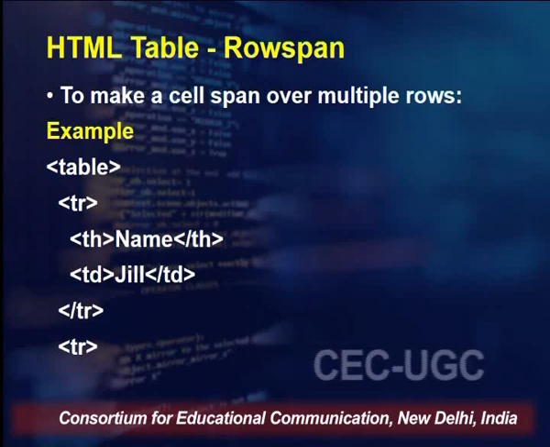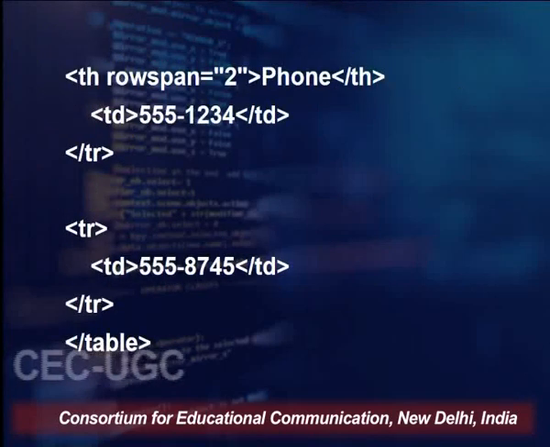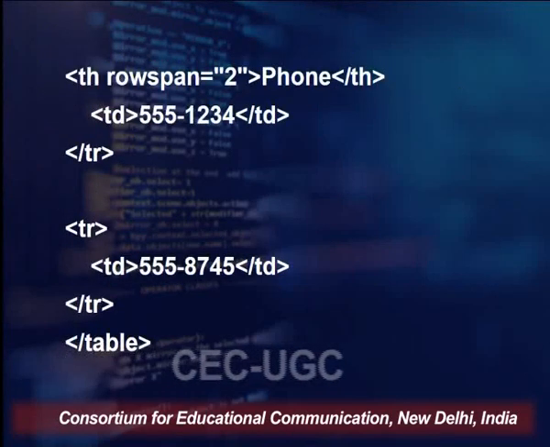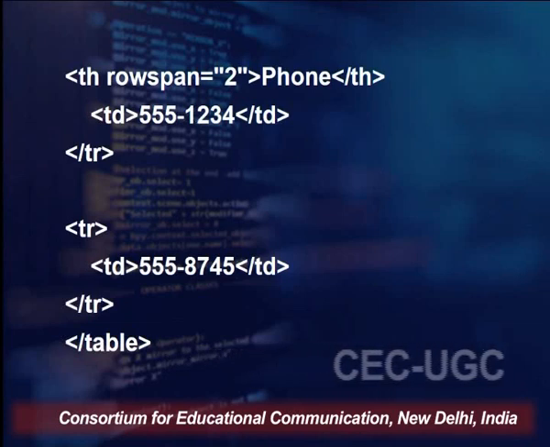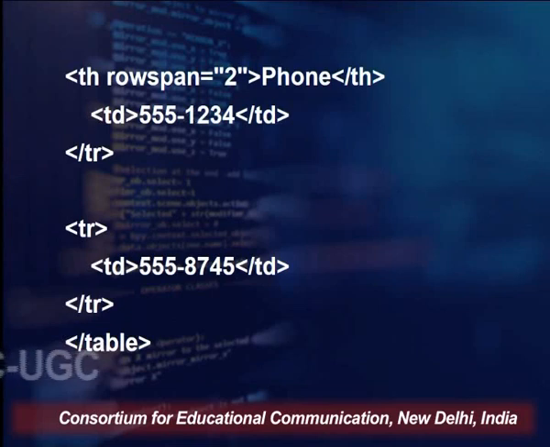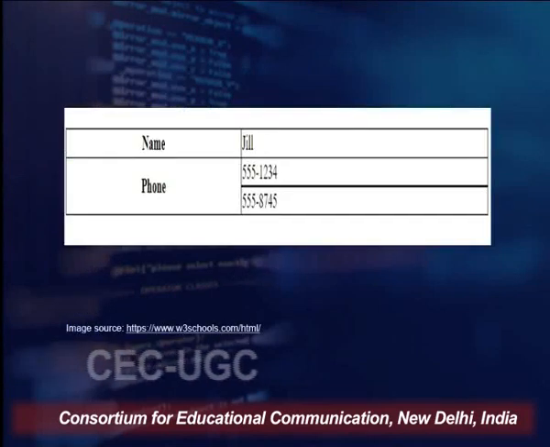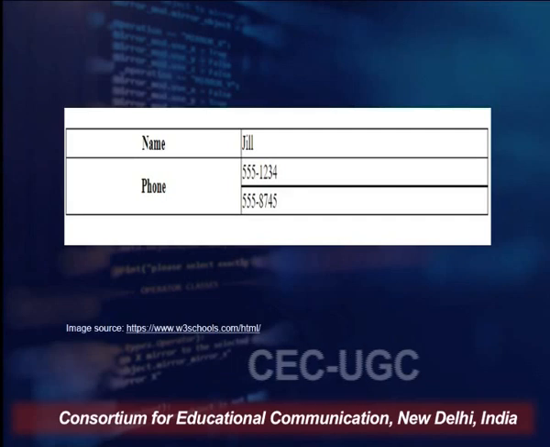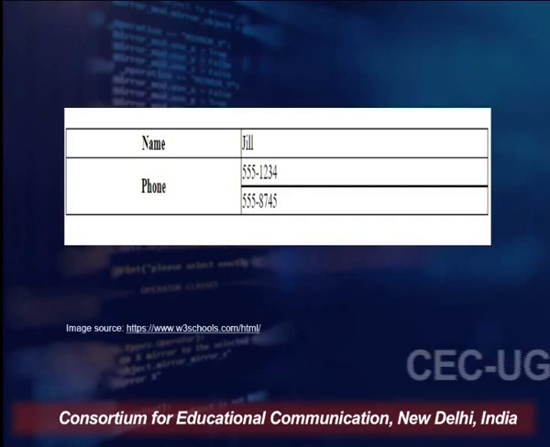Now if we want one particular element to be spanned over multiple rows, we can say th rowspan is equal to, and then there are values. Rowspan equals 2 is going to give me a result like this, which is phone, spanning 2 rows.